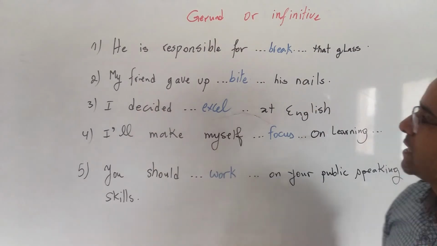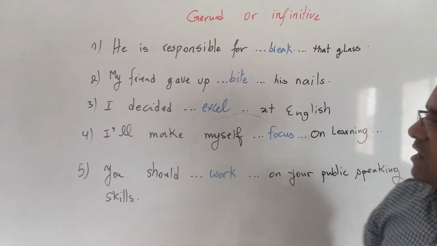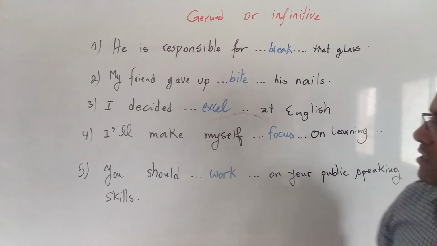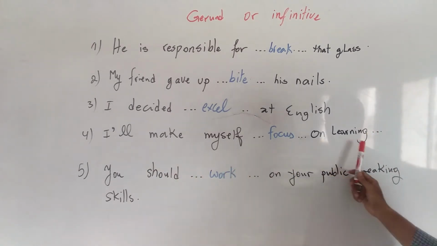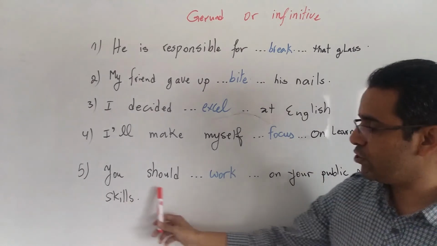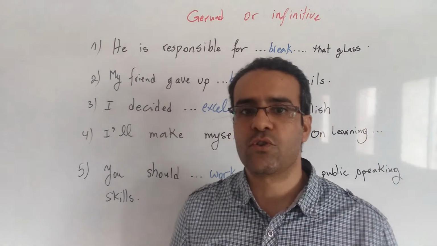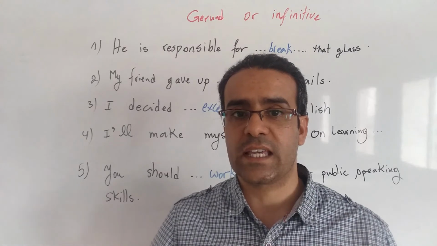My friend gave up, and the verb is bite, his nails. I decided, and the verb is excel, at English. I'll make myself, and the verb is focus, on learning. You should, and the verb is work, on your public speaking skills. Now you can pause, do the exercise, and get back to get the correction.